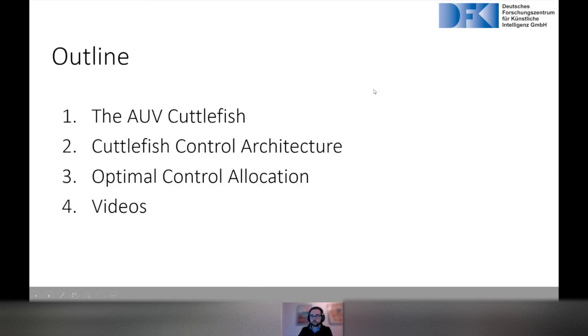First I'm going to talk a bit about the AUV itself, and then especially about two things: the control architecture and the control allocation, which have been developed specifically for this AUV. I'm also going to share 2 short videos as preliminary results.